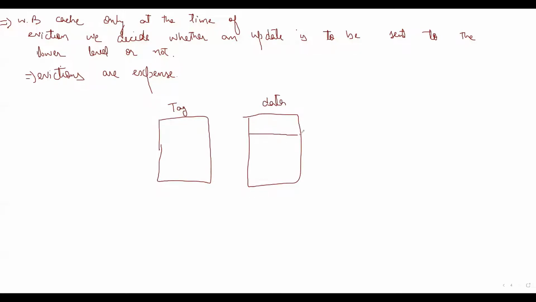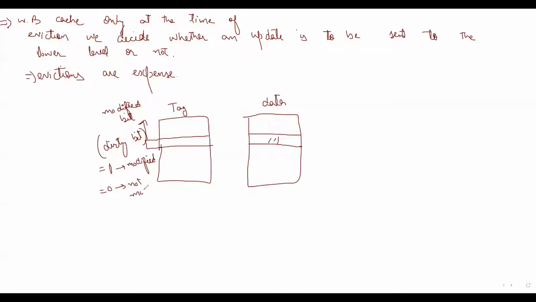Whenever we modify some entry, let's suppose we have updated this entry, for the tag we add an extra bit that is called a modified bit, or this is also called a dirty bit. If the value of this bit is 1, it means the data has been modified, and if the value is 0, it means not modified. It is clean.